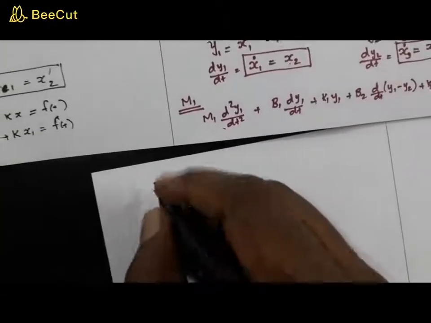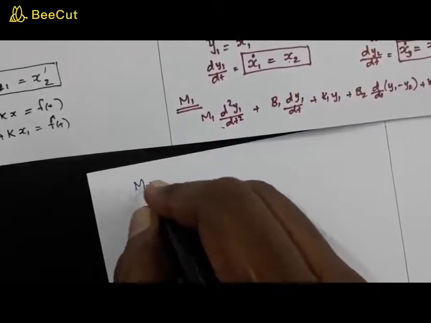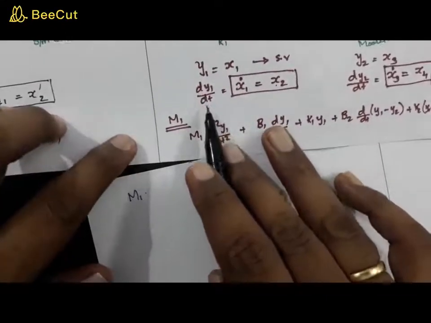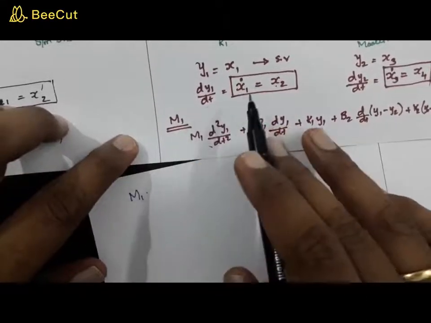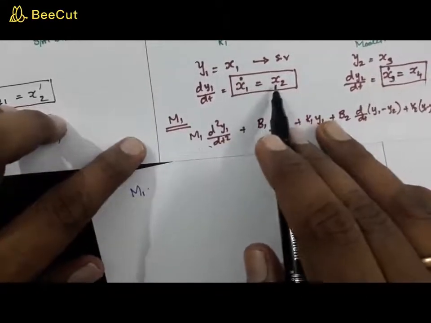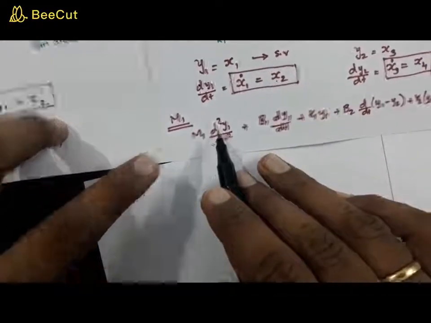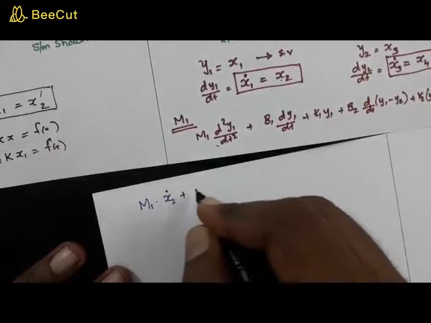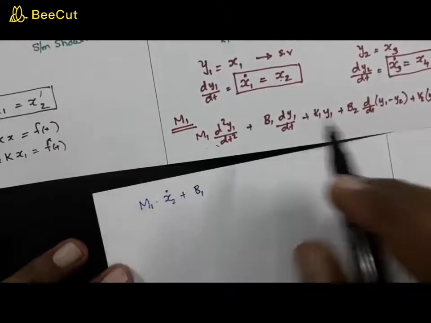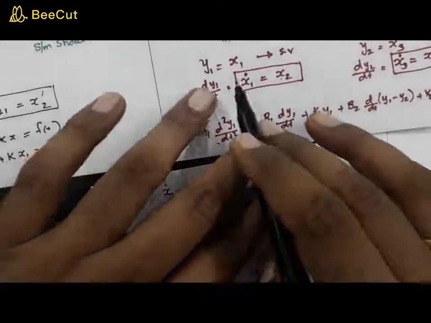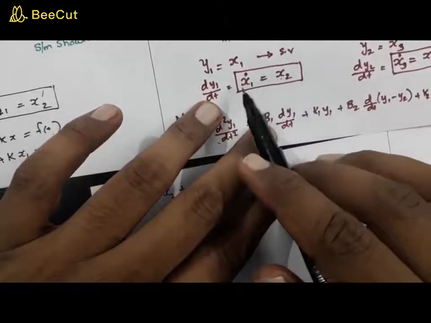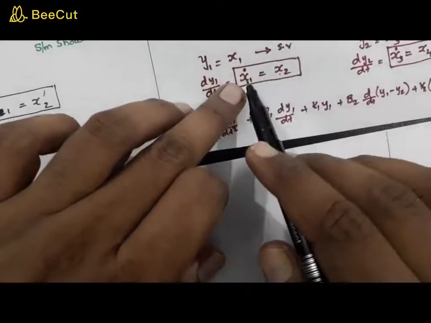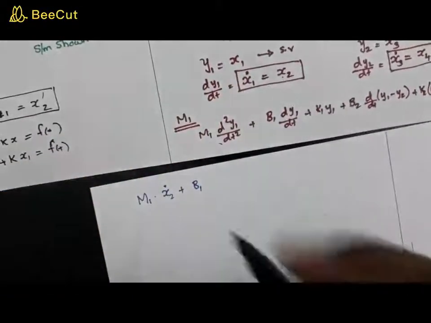Now from this you can have m1 into d square y1 by dt square. Now we know that dy1 by dt is assigned to be x2, so this must be your x2 dot. So m1 into x2 dot plus, what is b1? b1 into dy1 by dt. dy1 by dt is x1 dot, or that is assigned to be x2.